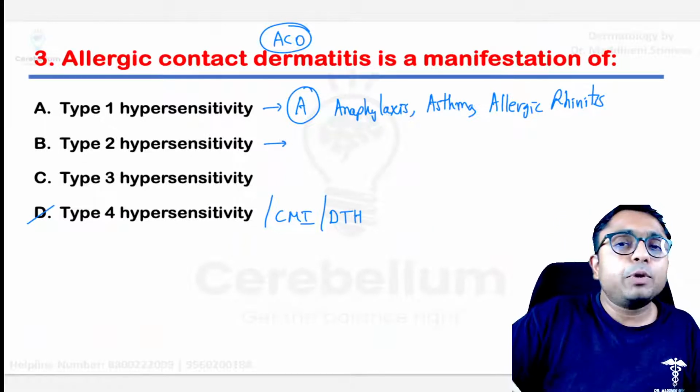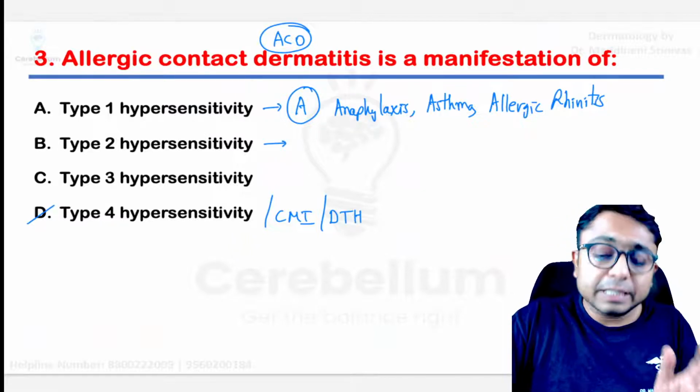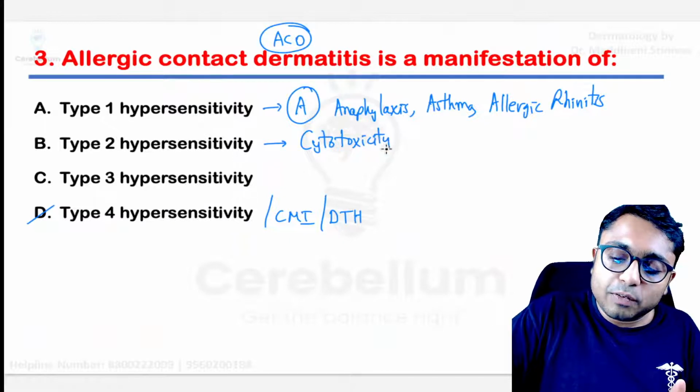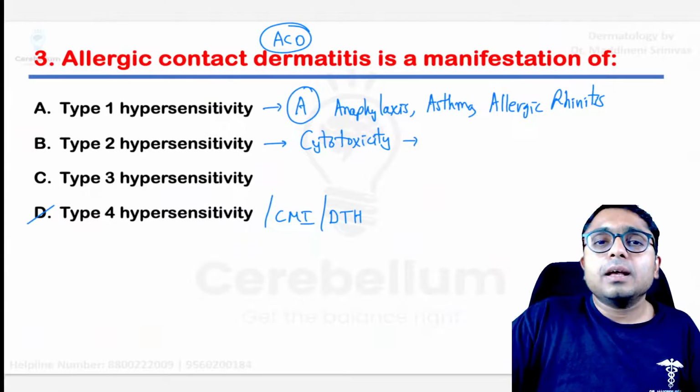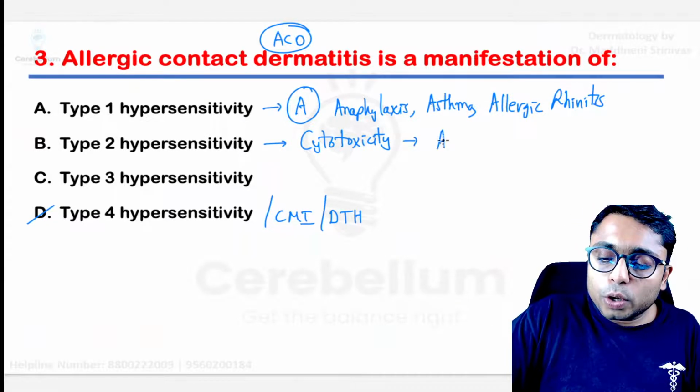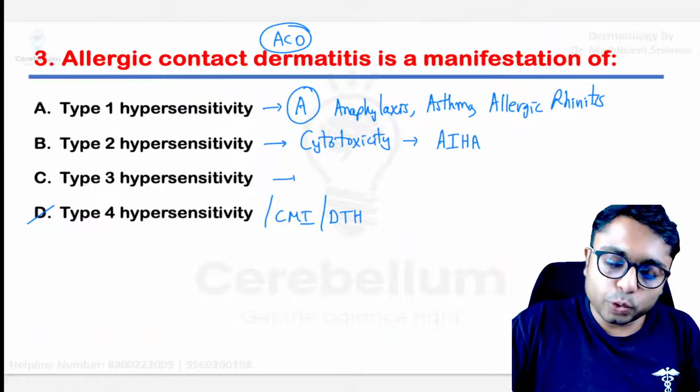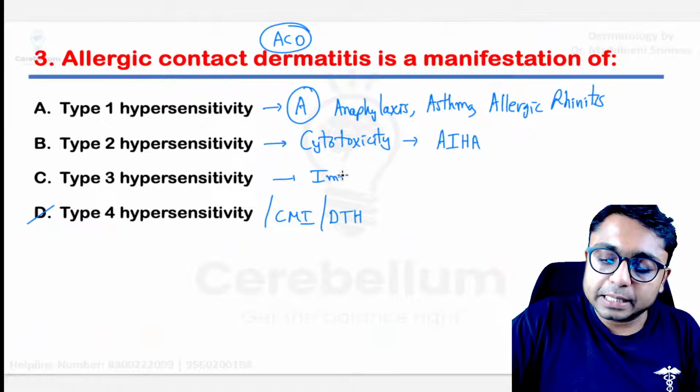So in type 2, remember, it is associated with cytotoxicity. And what is the important example which you might be remembering? So autoimmune hemolytic anemia.